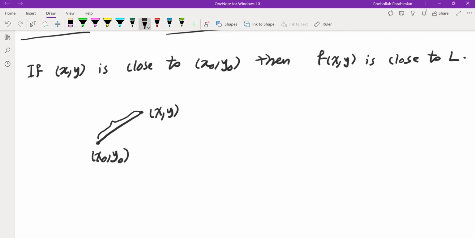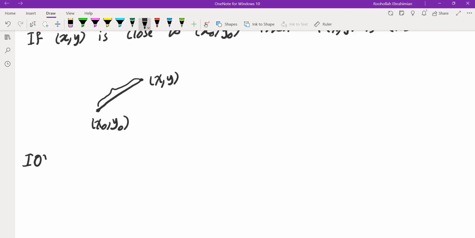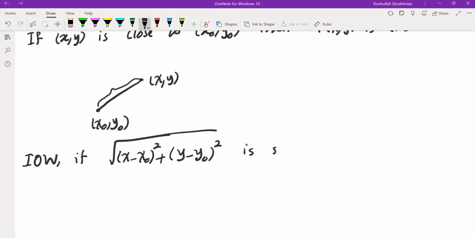So in other words, we could say if the distance between these, square root of x minus x naught squared plus y minus y naught squared, is small, then f of xy minus L, the distance between these two, is also small. So this is again an unofficial definition of limit. So the distance between these two points is what matters.